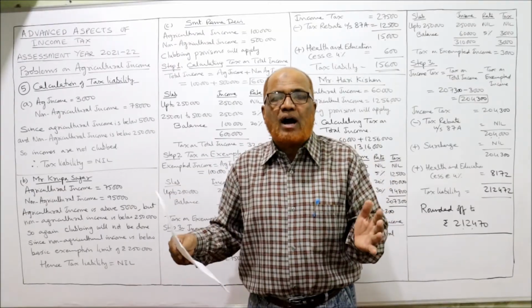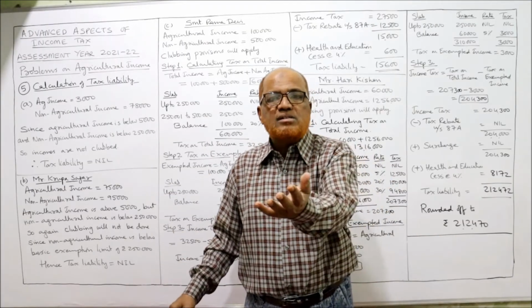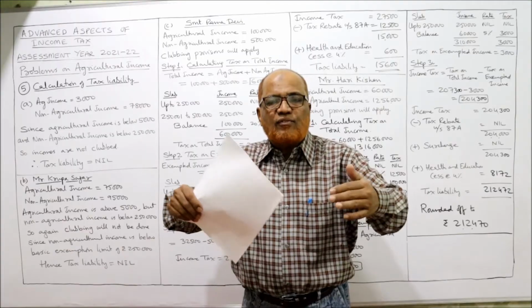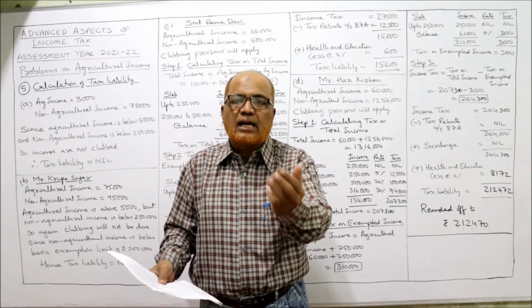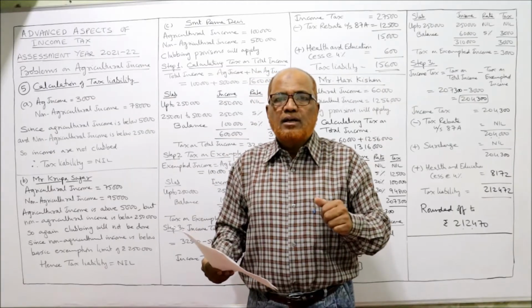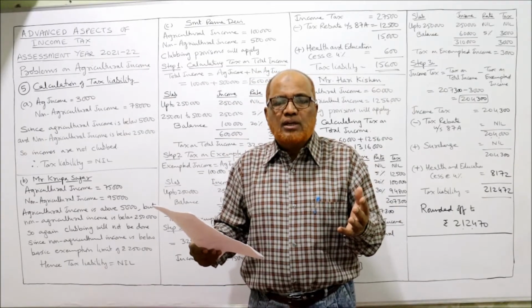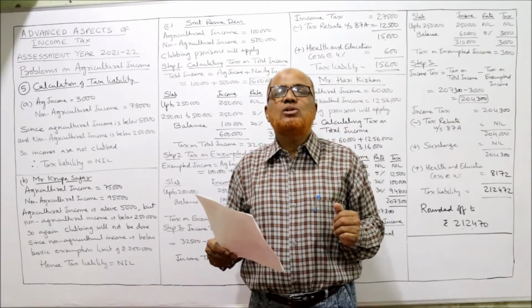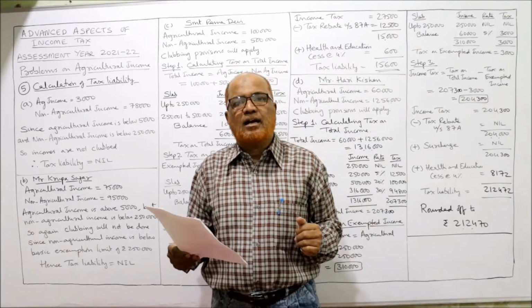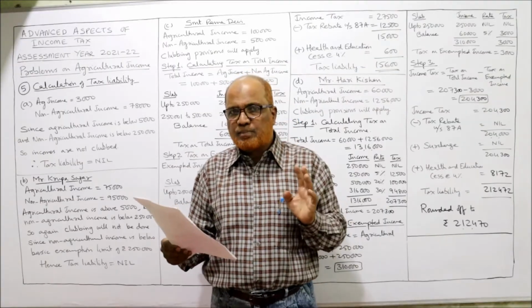In his farm, fruits and flowers are grown, and he collects and sells them in the market. It is called agricultural income because it is not of spontaneous growth. It is grown in his own farmland. That's it, three problems I have explained.